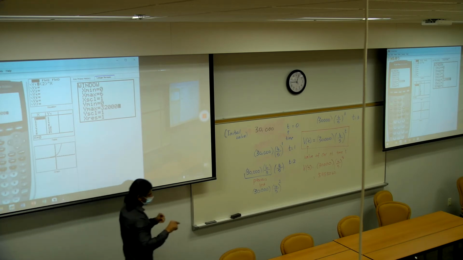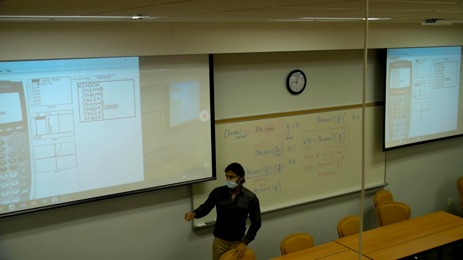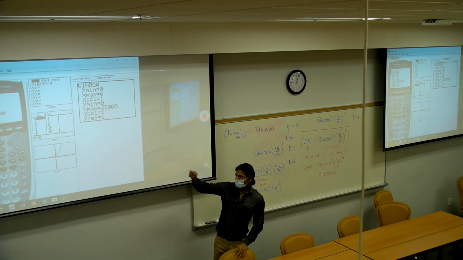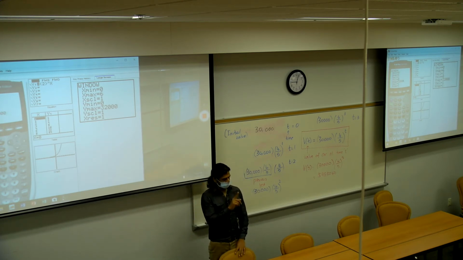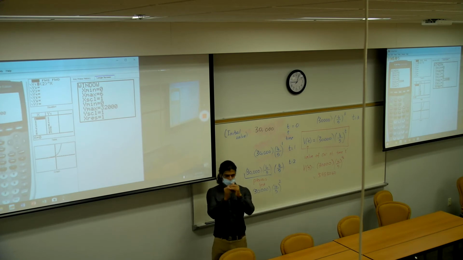So when you graph this, you've got to be careful. Why? The y scale is set at 1, which means it goes from 0 to 1, 1 to 2, 2 to 3, all the way up to 32,000. Do you think that would be a pretty picture?